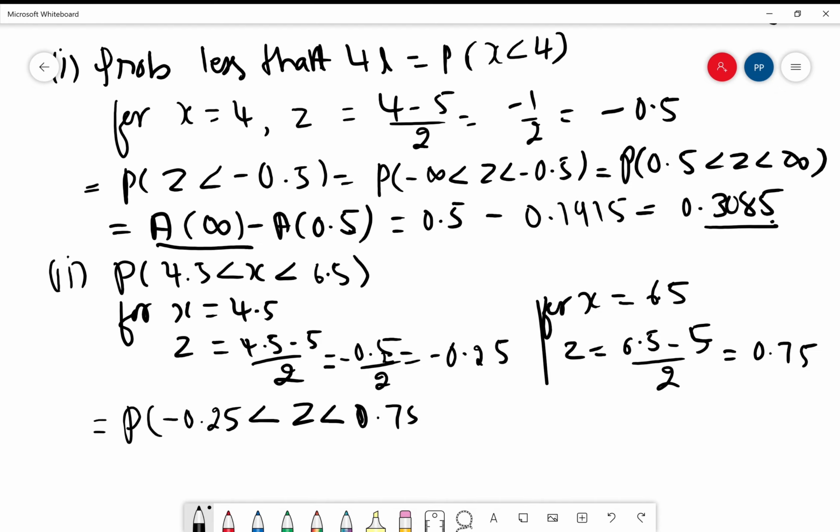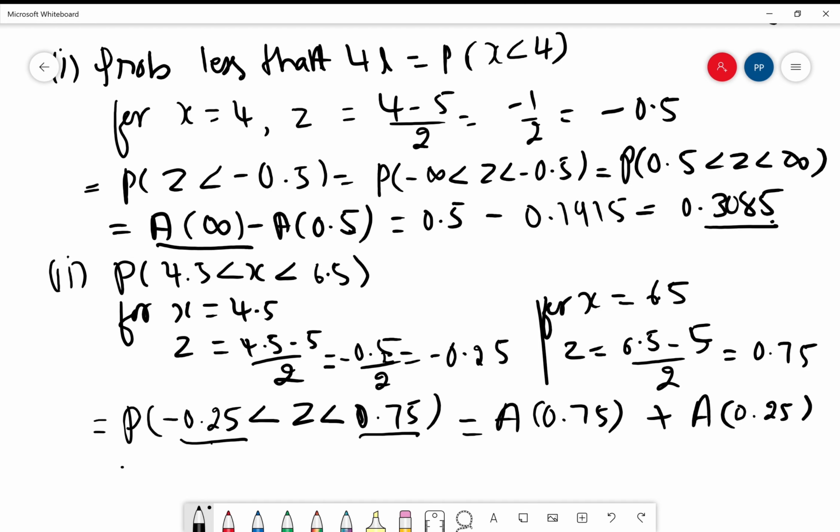Now, since it is negative to positive, using the result, you can write it as phi or A of the upper limit, that is A of 0.75, plus, not minus here because this is negative, plus A of the absolute value of the lower limit, that is 0.25.